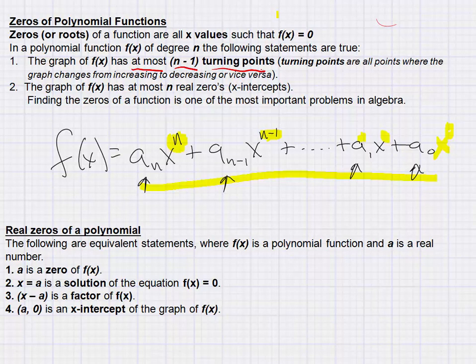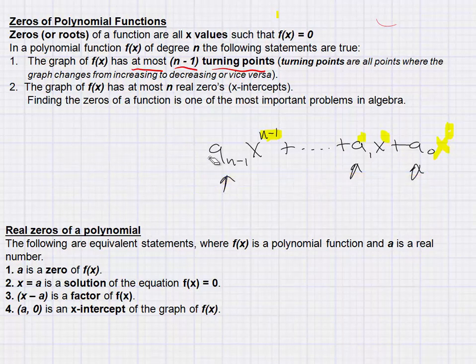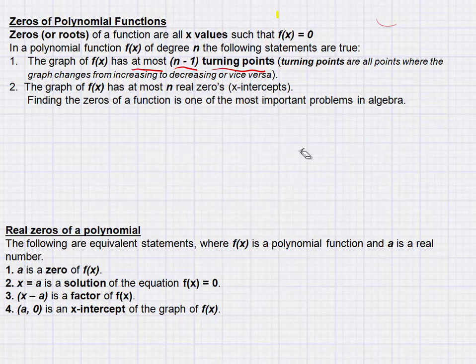Here's another trick to that, which isn't stated anywhere, but it just works out: if n minus 1 is even, you would have at most that even number of turning points, but you could have less than it.